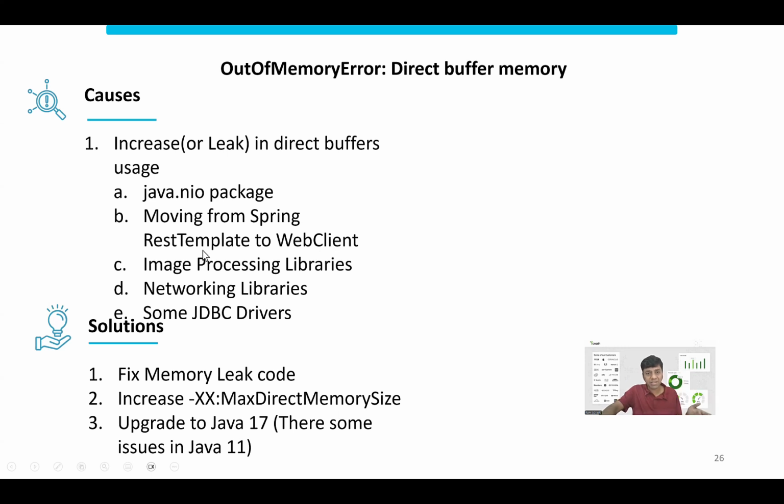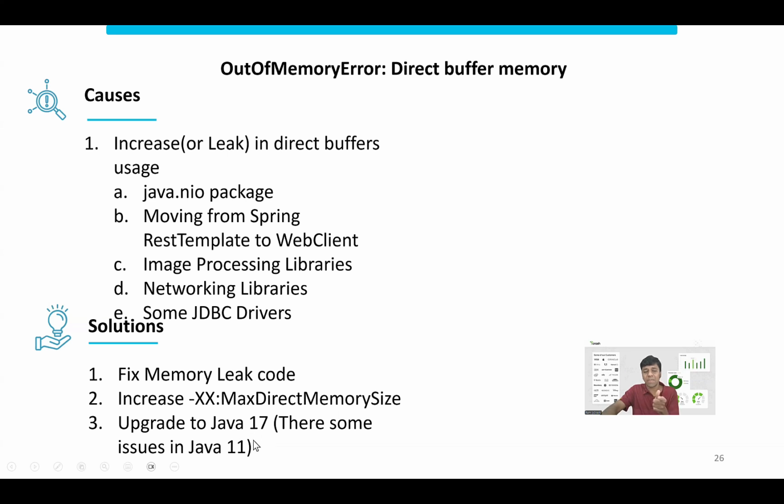They are deprecating RestTemplate and moving to WebClient. But with WebClient, the workload is shifted from heap memory to this direct buffer region. They're moving it here for faster read-write access. So if you move from RestTemplate to WebClient for REST APIs, you need to be aware of this region. You need to check whether you have allocated sufficient memory for this direct buffer region.